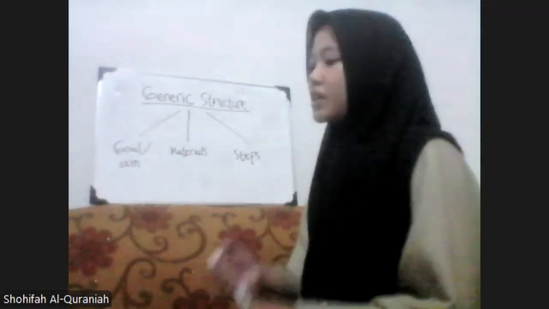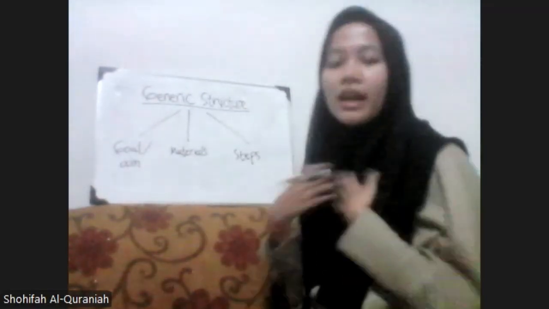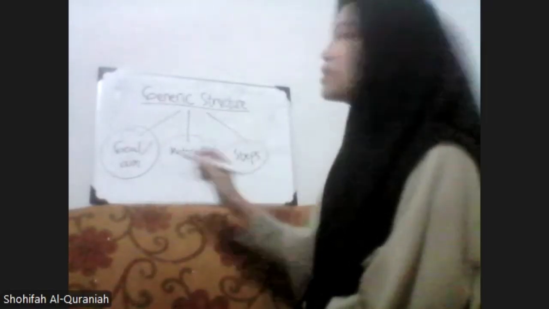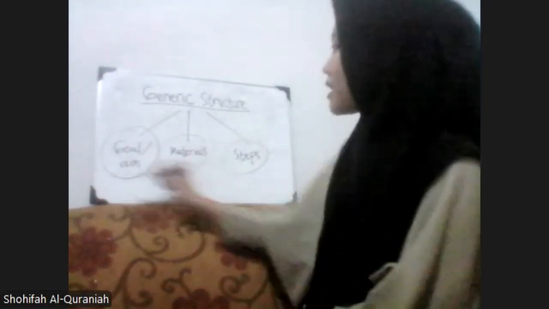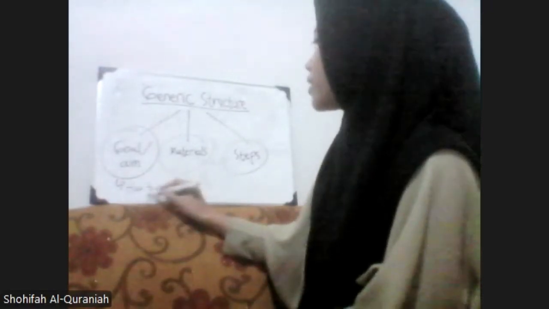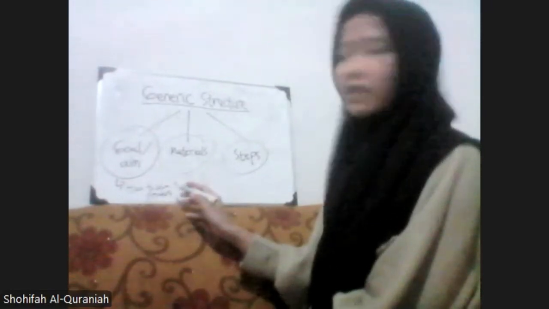As we can see from the text before, the example that I gave you, it must have the goal, the materials, and the steps. What is the goal or aim of the text that I gave you? It's how to use a printer. Okay, this is the goal or aim of the text.